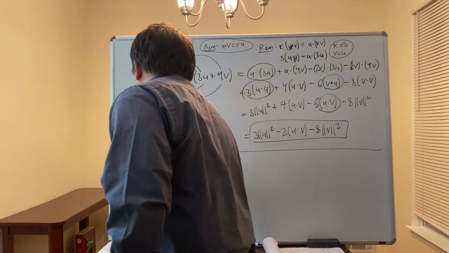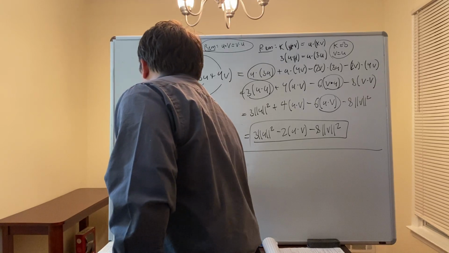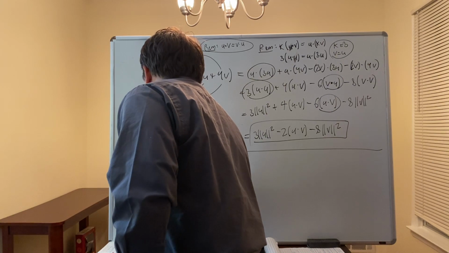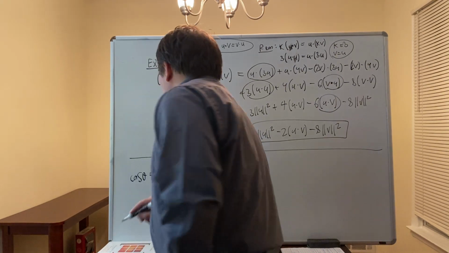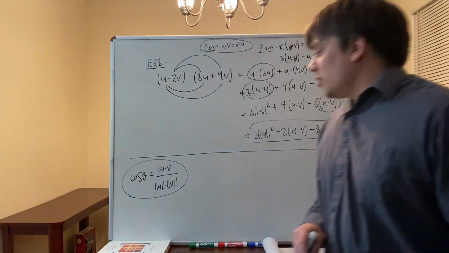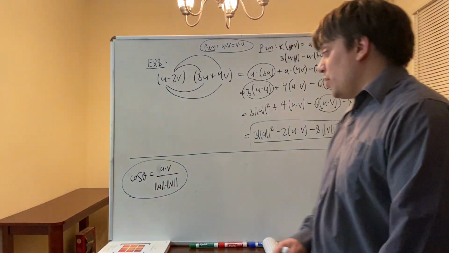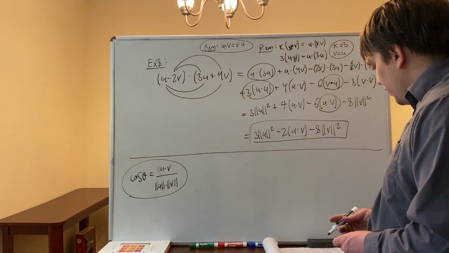Okay, so from before, we knew that cosine of theta is equal to u dotted with v over the norm of u times the norm of v. Okay, so we got that from the definition of the dot product. We solved for cosine theta and got cosine theta equals u dot v over the norm of u times norm of v.